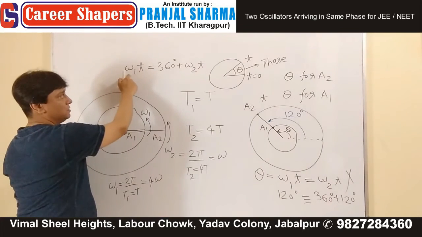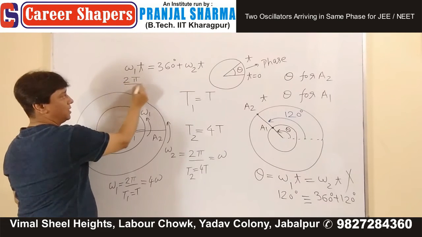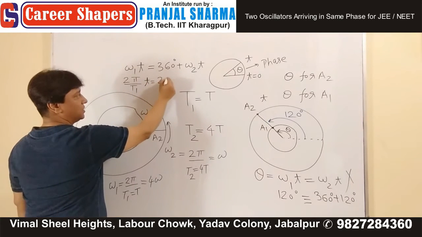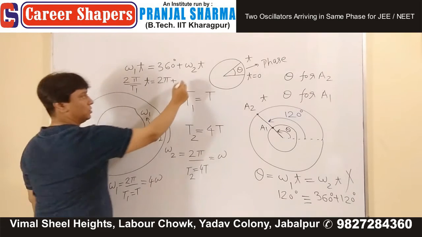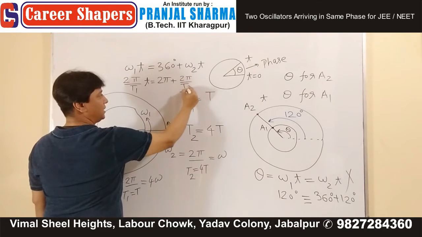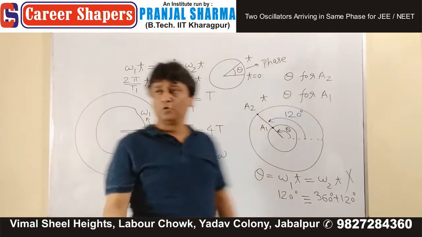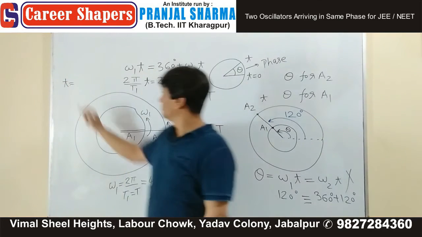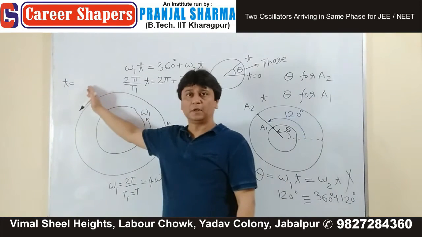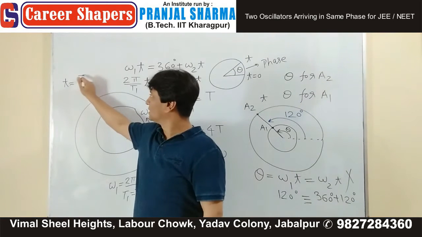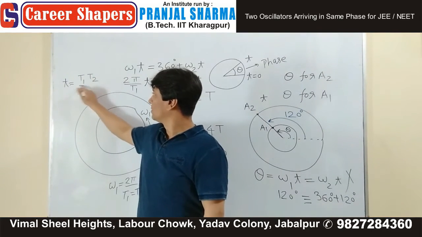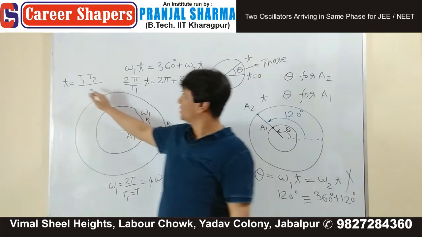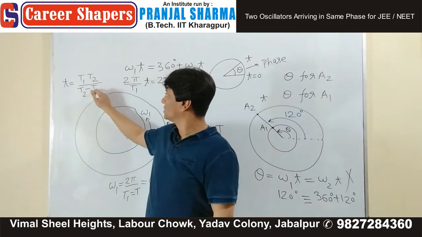What is omega 1? 2 pi upon T1. What is 360? 2 pi. What is omega 2? 2 pi upon T2, multiplied by t. 2 pi cancelled. t is coming. Shift, take LCM, and your answer is t equals T1 T2 upon T2 minus T1.